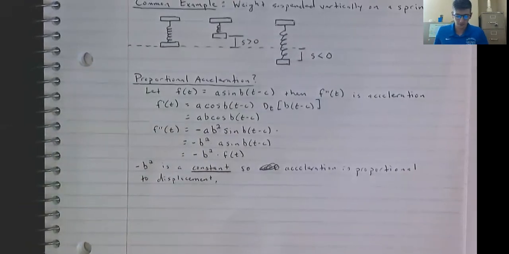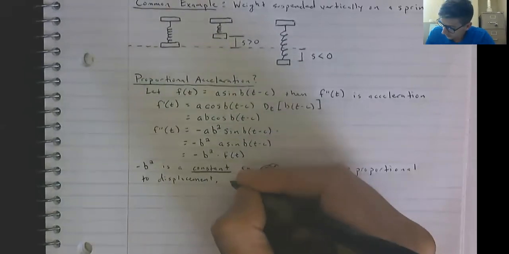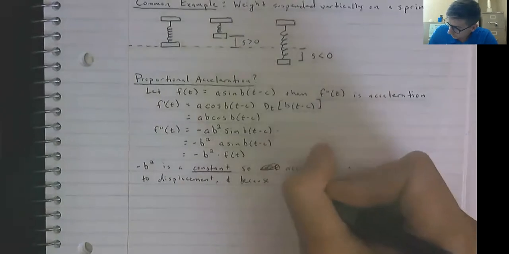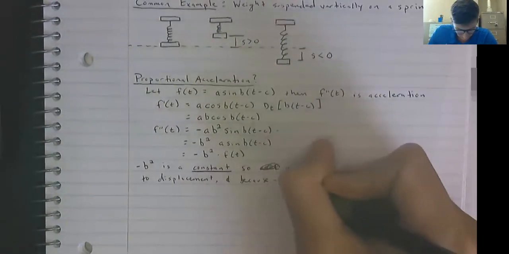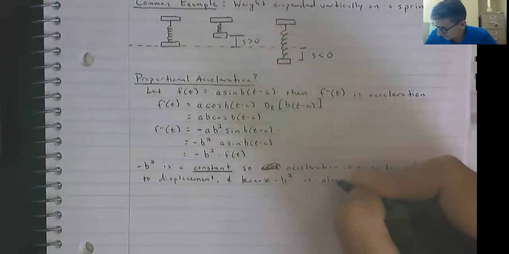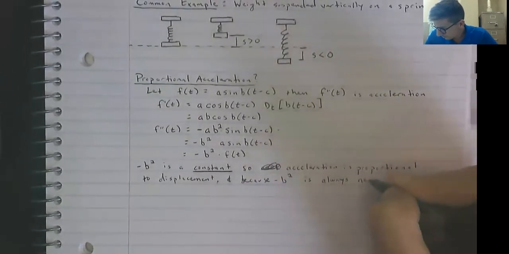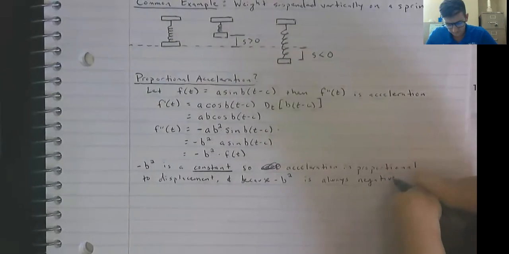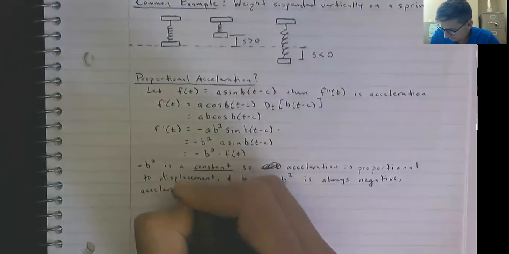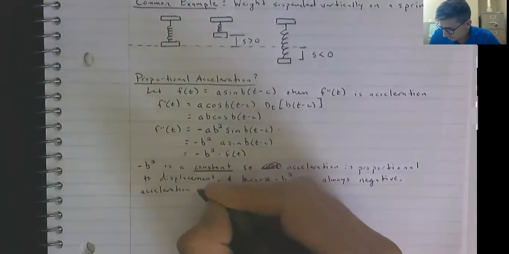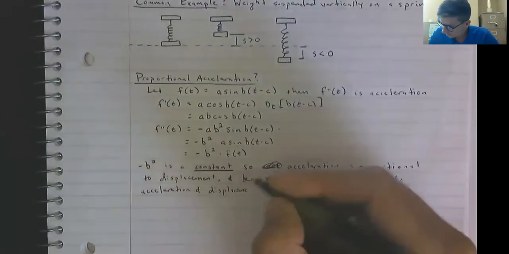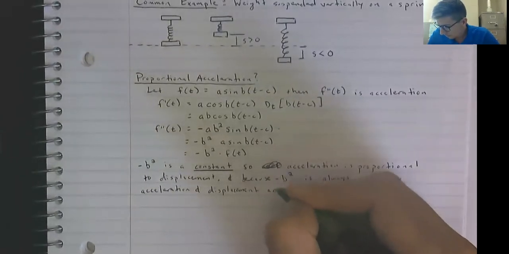They have to be oppositely directed. And because negative b squared is always negative, acceleration and displacement are oppositely directed.